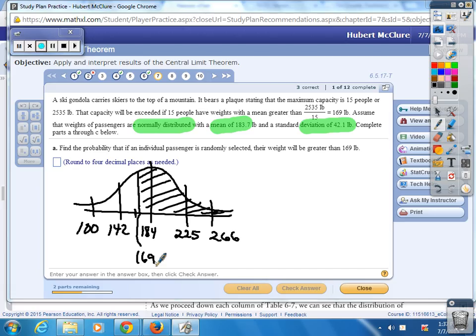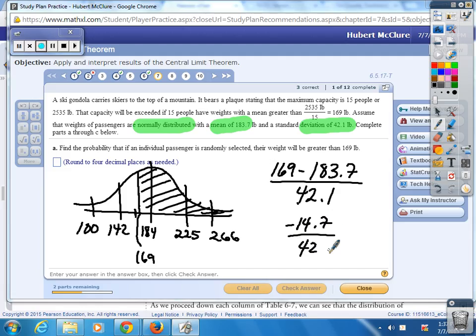Okay? So 169 minus, I have no earthly idea, 183.7 over 42.1. 170 minus 183.7 is negative 13.7. So is that negative 14.7? Somebody check me.